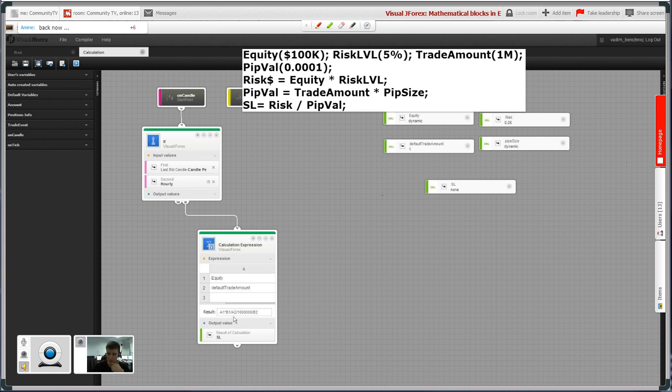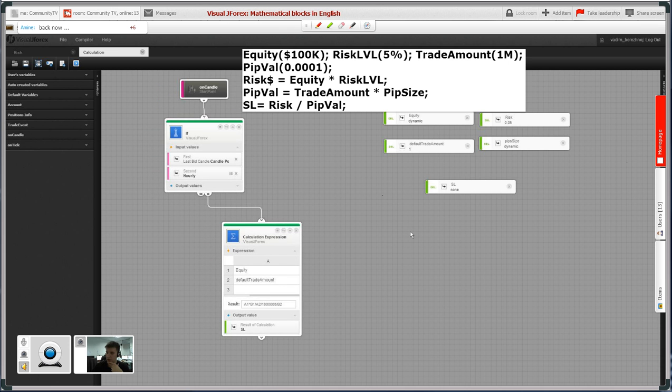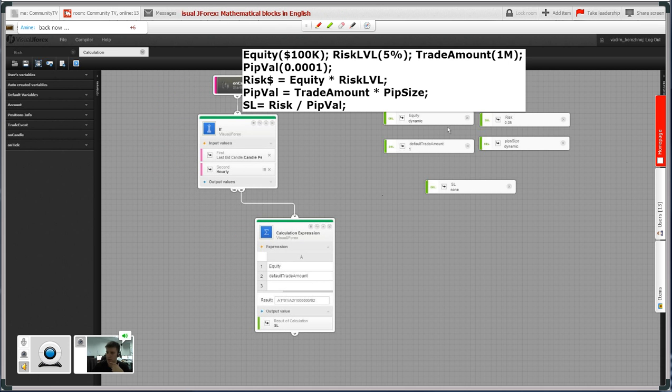I use fields B1, B2, and there on the right. Okay, here we got risk and default instrument pip value. Let's test this one. Here we got the same equity, risk level, and so on, so on.